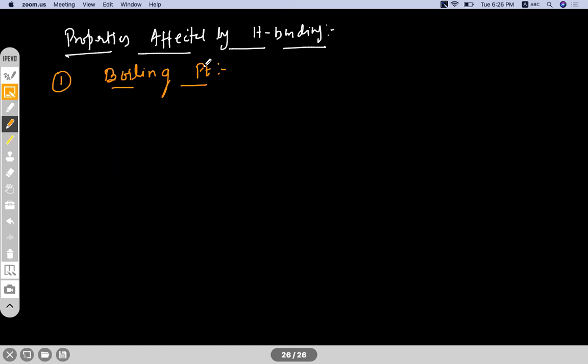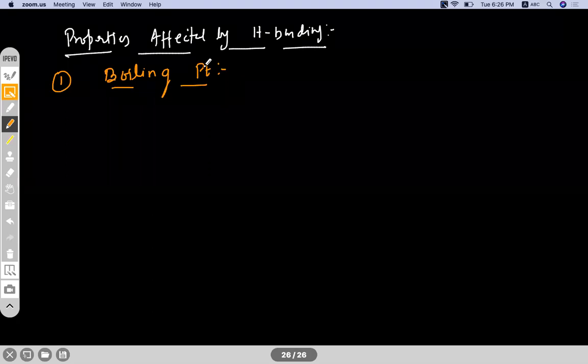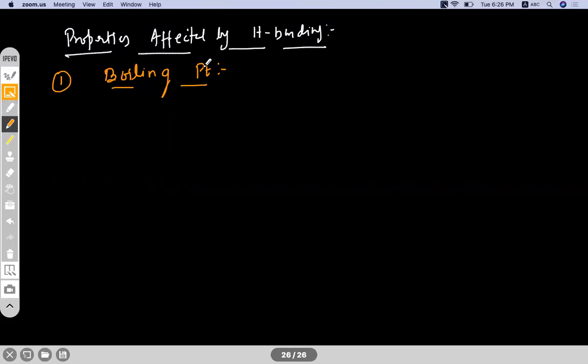It won't affect the stability much. Write down, because of intermolecular hydrogen bonding, the intermolecular force increases, and hence the boiling point increases.